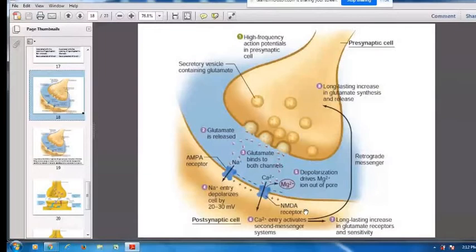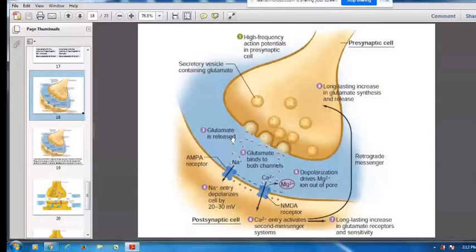So let's see first the AMPA receptor. The glutamate that is released in the synaptic cleft binds to both the channels. Glutamate, the triangular purple shape, binds here in the AMPA receptor and it is also binding in the NMDA receptor.